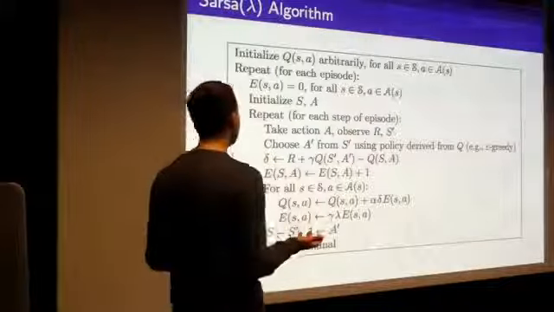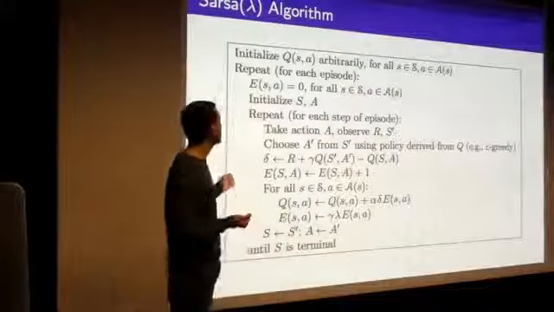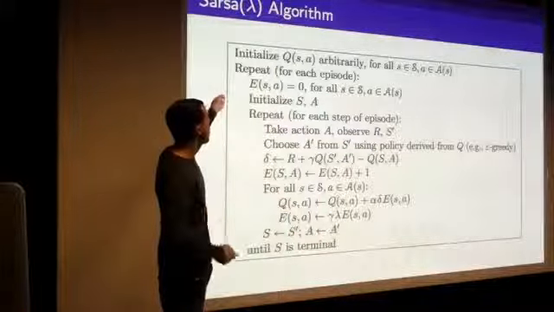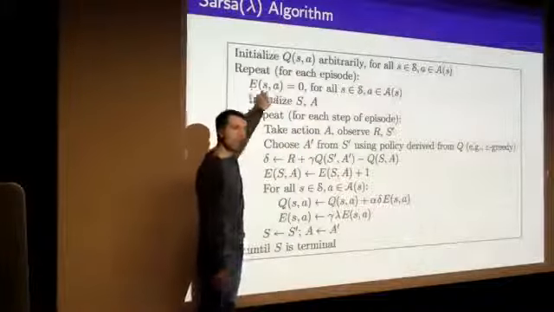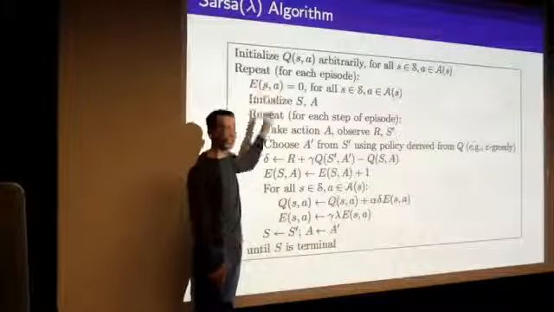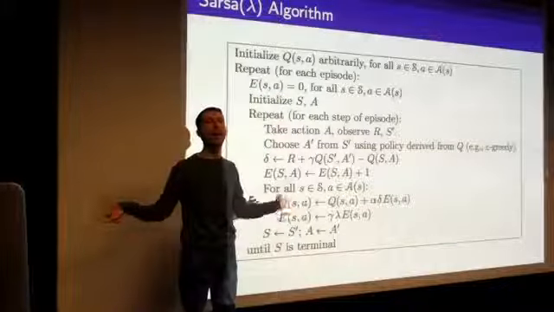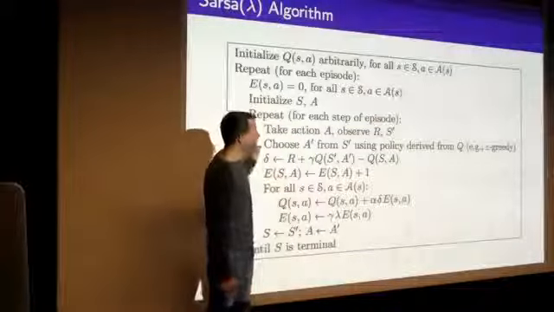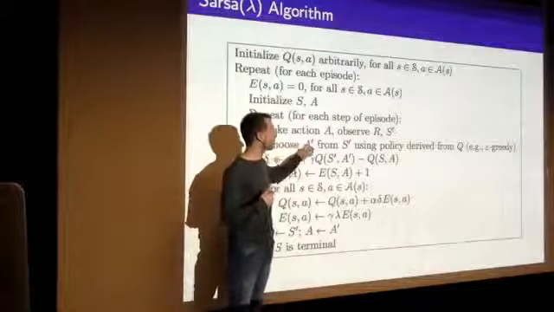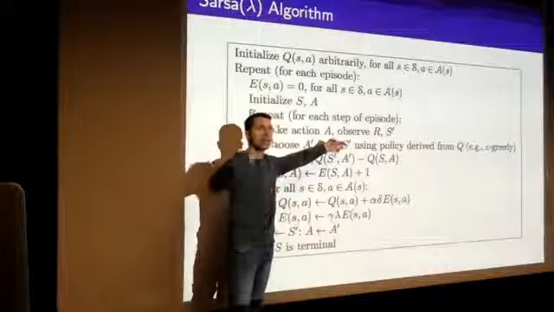So Sarsa lambda looks something like this. We're going to initialize our eligibility traces to 0 at the beginning of each episode. You want to say, well, I can't blame anything yet, I haven't seen anything. And then for each step of the episode, we take our actions using our policy. We're again on policy here.